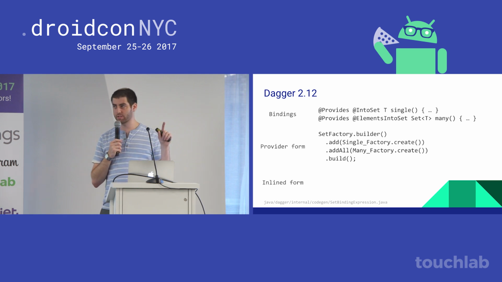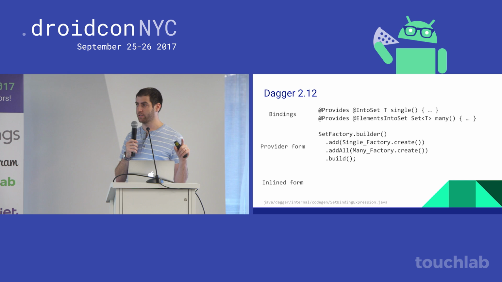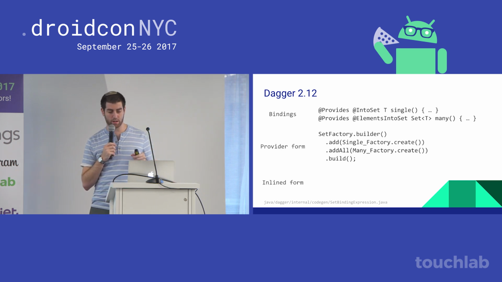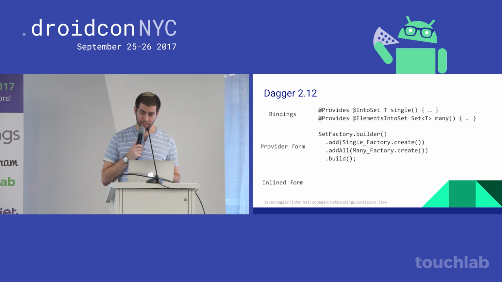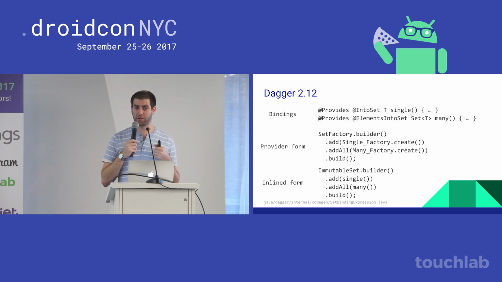But each contribution is going to get its own factory. You can see the difference in add and addAll. And for every contribution that you have to that set factory, just tack on another provider, and remember all of those transitive dependencies, all of their factories. If we can inline that, similar to how we called the provides methods or constructors directly, this is the code that we would get directly.